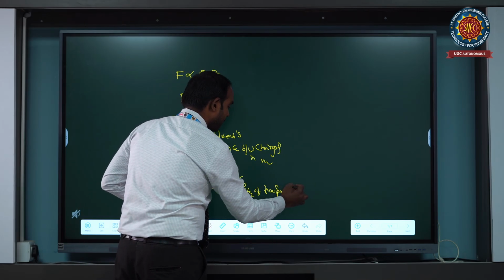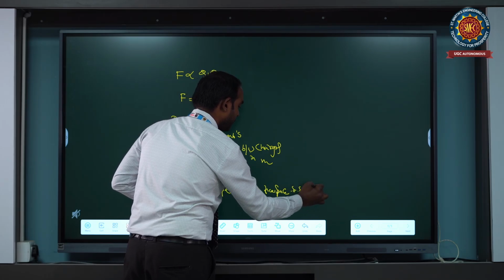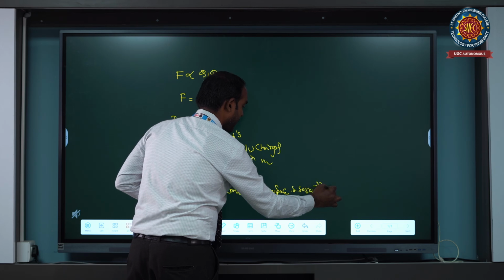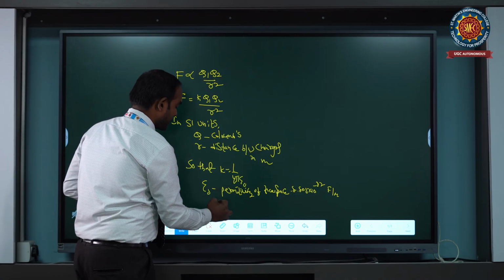It has the value 8.854 times 10 to the power of minus 12 farad per meter. Force has units in newtons.